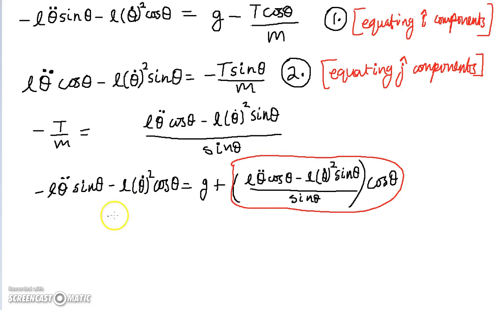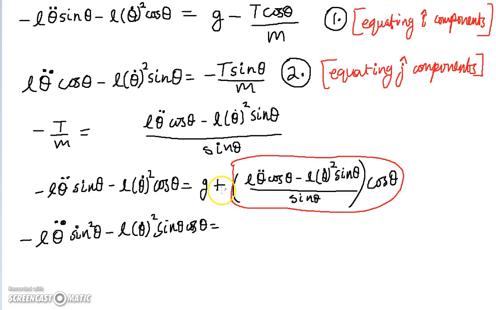On the left side we get negative L theta double dot sine squared theta minus L theta dot squared sine theta cosine theta.